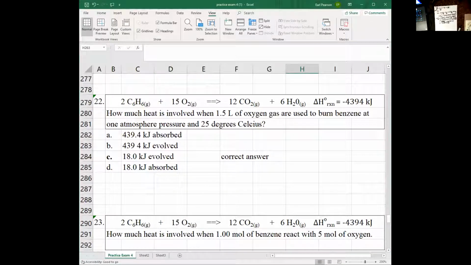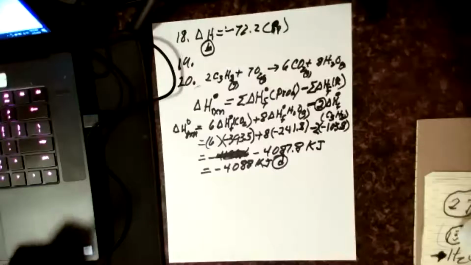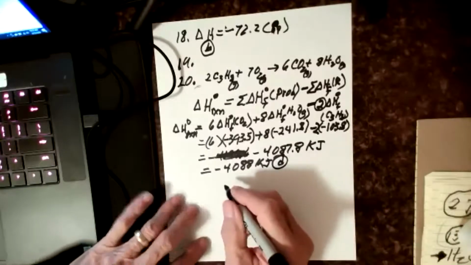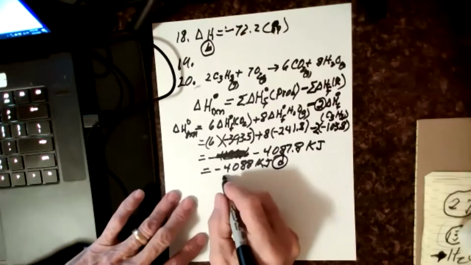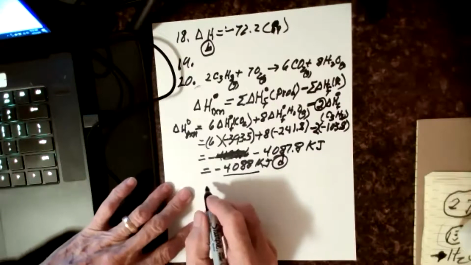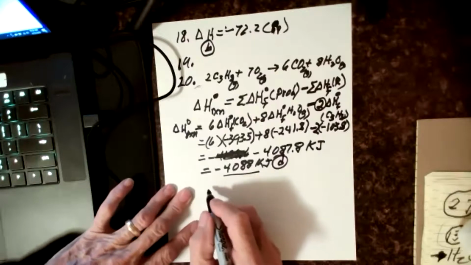All right, now let's look at this. How much heat is involved when 1 liter of oxygen gas is used to burn benzene at 1 atmosphere pressure and 25 degrees? Okay, now this is going to be a stoichiometry problem, so I do need the pad for that. How much heat is involved? Well, we calculated the heat flow already. We're talking about oxygen.